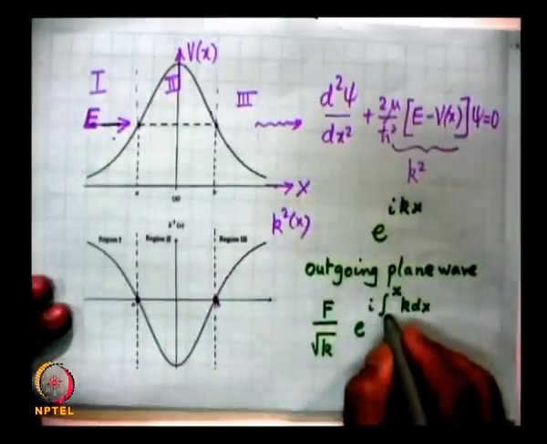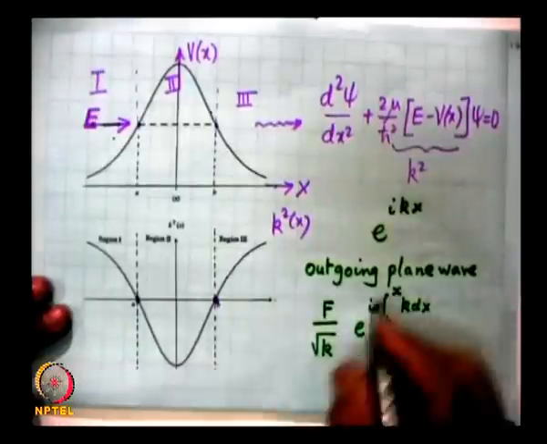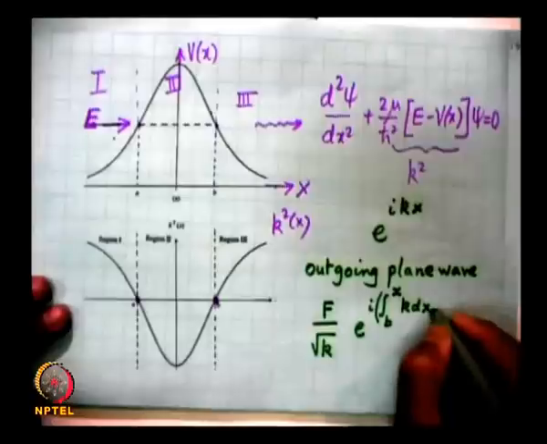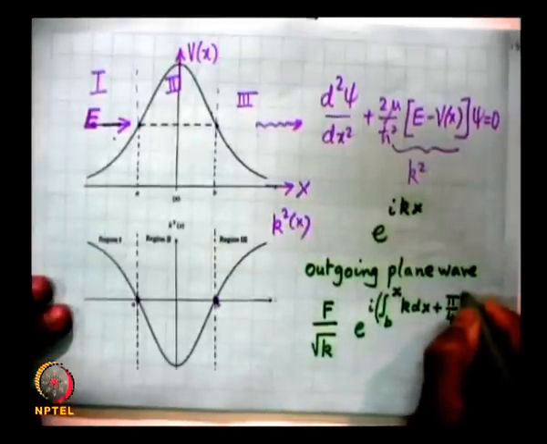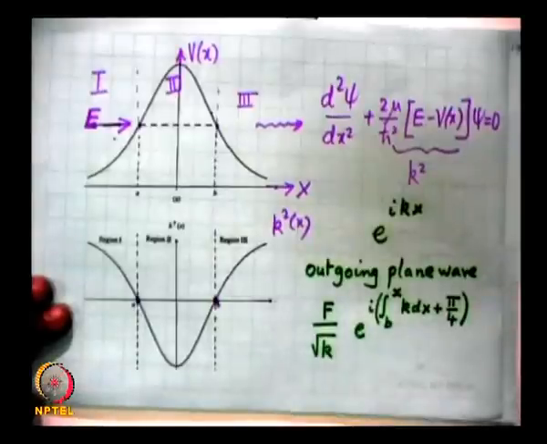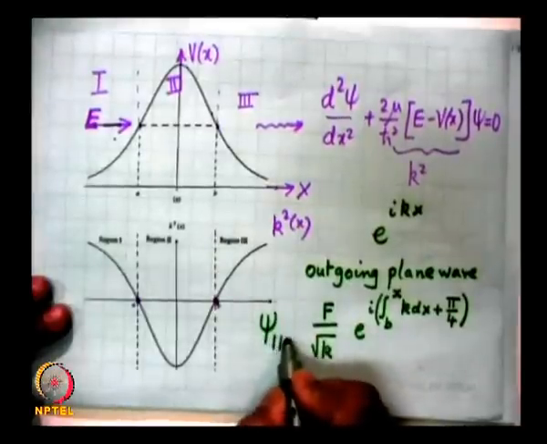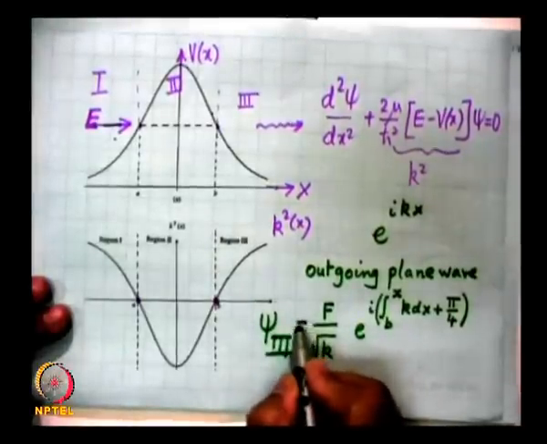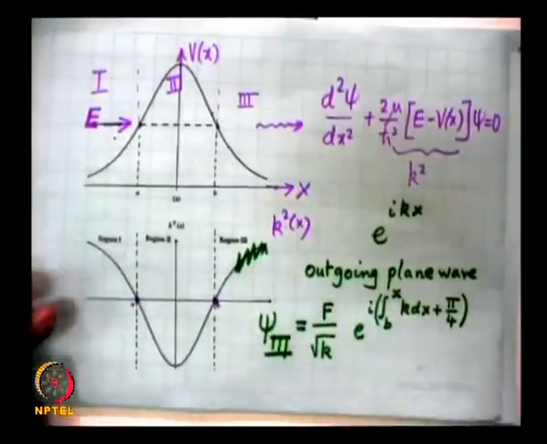I will put the lower limit as b so that it helps us in using the connection formulae, and also put a phase factor pi by 4, because you remember that in the connection formulae there is a phase factor of pi by 4. So, I will write the solution in region 3 as psi 3 is equal to so much.